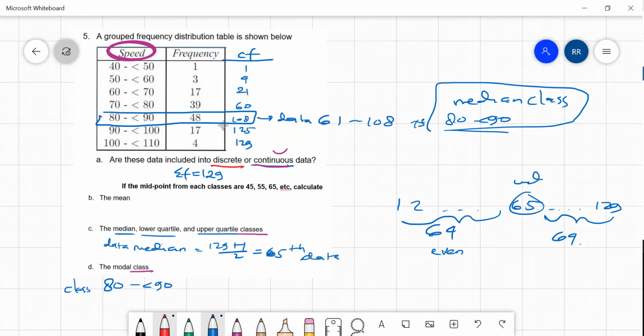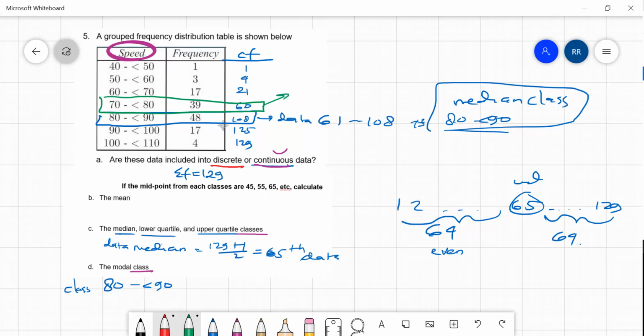But if it's an even number of data, because you know that 64 is even, divided by 2 is 32, but the middle, in this term, I'm going to the left side of the data, is going to be the 32nd data and the 33rd data. And then divide by 2. I can see that the 32nd and 33rd data is actually in here.